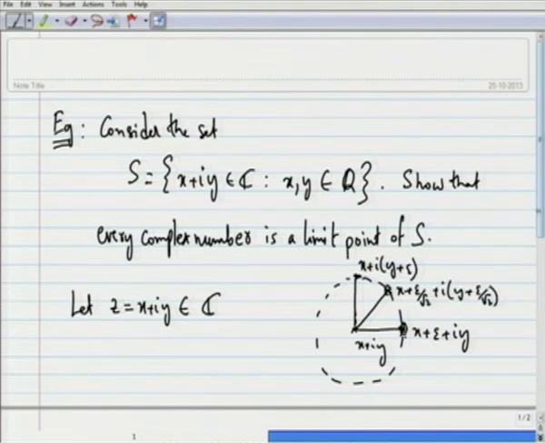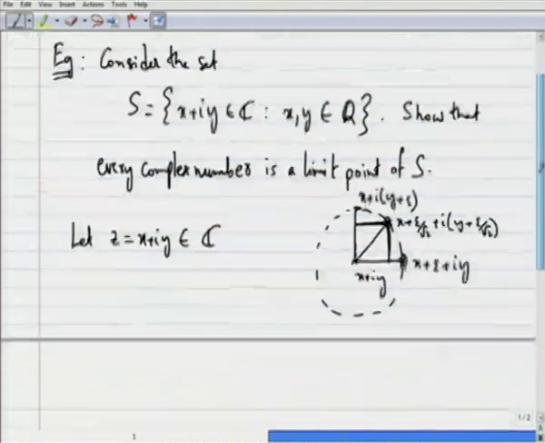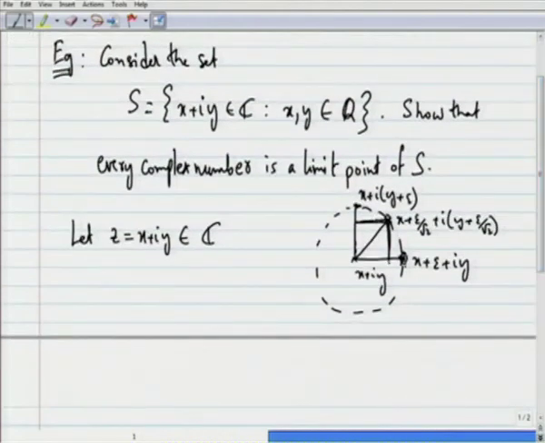The reason I am considering this 45 degree line is that if I take this square of side epsilon by root 2, then every point in the interior of this square is completely contained in this epsilon ball.